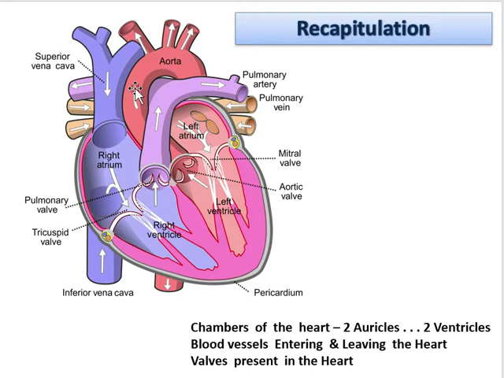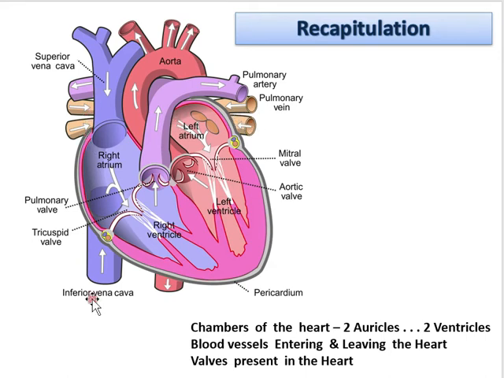If you remember this figure of the internal structure of the heart, we learned about the chambers of the heart. There are two auricles, right atrium and left atrium, and two ventricles, right ventricle and left ventricle. We also learned the blood vessels entering the heart: superior vena cava and inferior vena cava, and pulmonary veins.